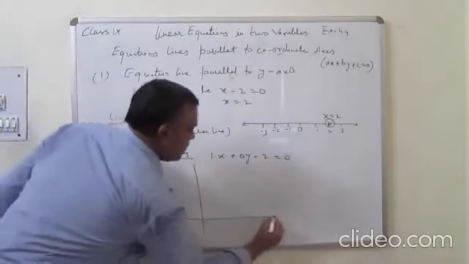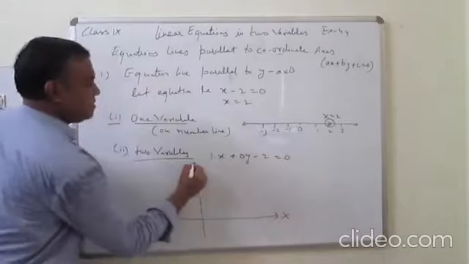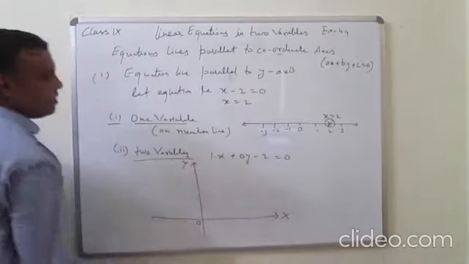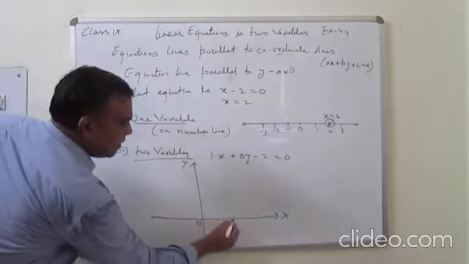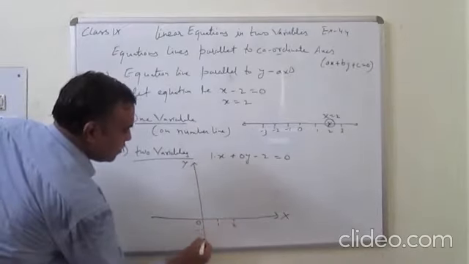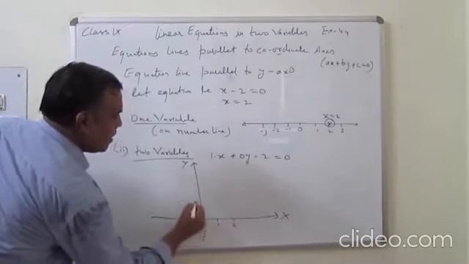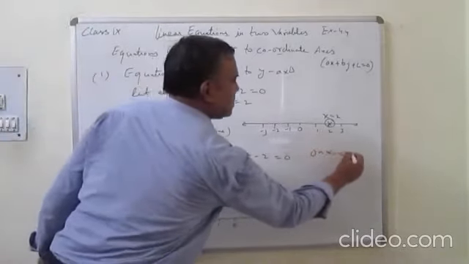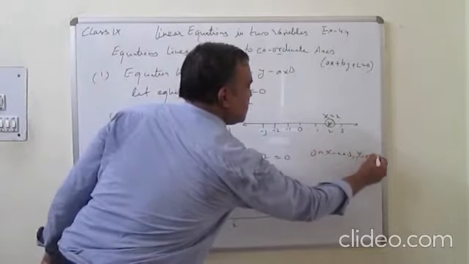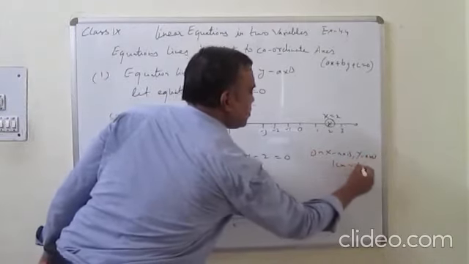Draw a Cartesian plane, x-axis, y-axis, the intersecting point is origin. Now mark 1, 2, minus 1, minus 2 on both axes. Taking scale on x-axis and y-axis, 1 centimeter is equal to 1 unit.